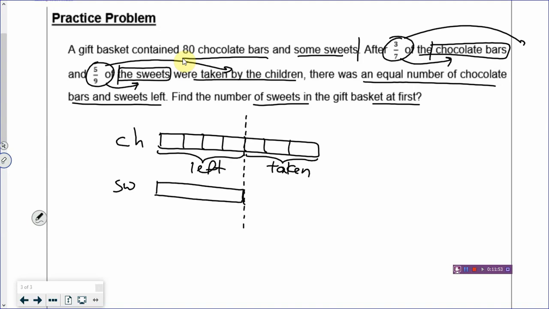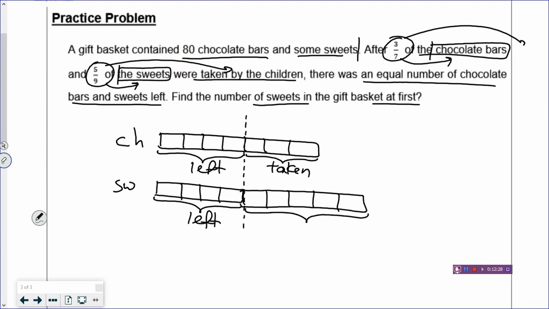5/9 of the sweets were taken, which means that you must have how many boxes of sweets taken away? 5 boxes taken away, right? And this will be how many boxes that will be left over. They are altogether 9 boxes of sweets. You take away 5 boxes, so you must have 4 boxes of sweets left. So let's draw the 5 boxes of sweets that were taken away. 1, 2, 3, 4, and 5.